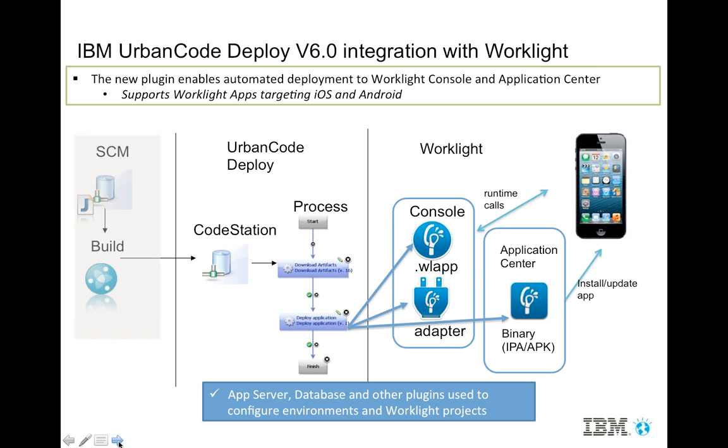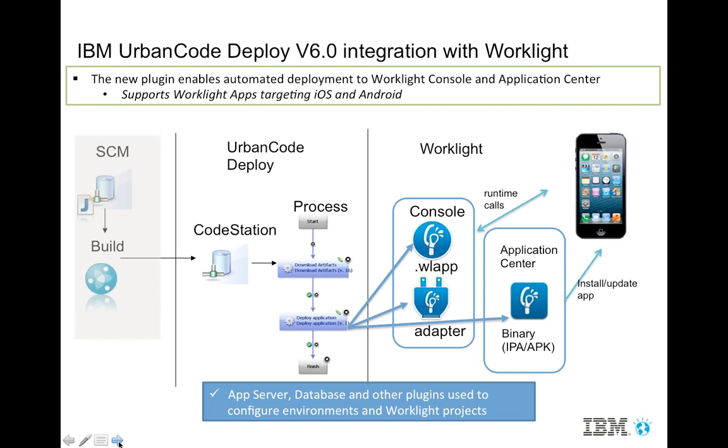So let's go through that. So again, we've been using a technology called Urban Code that IBM acquired a little while ago, and that allows you to articulate a deployment process, and you can see the example there, again, very simple one, where we'll start our deployment process, which will be pulling the Worklight artifact out of the Urban Code code station.